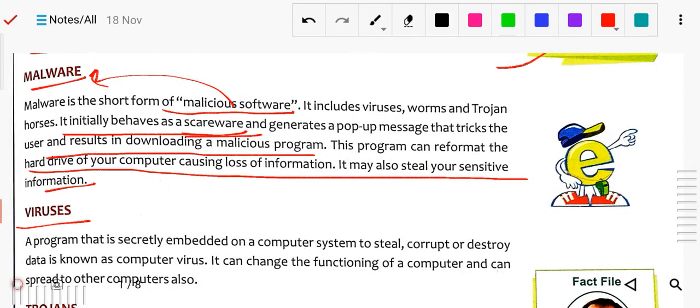It is a self-replicating program, it replicates itself. A program that is secretly embedded on the computer system to corrupt or destroy data is known as a computer virus. It changes the functioning of a computer and can spread to other computers also.